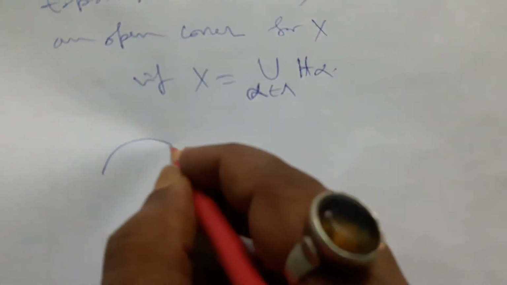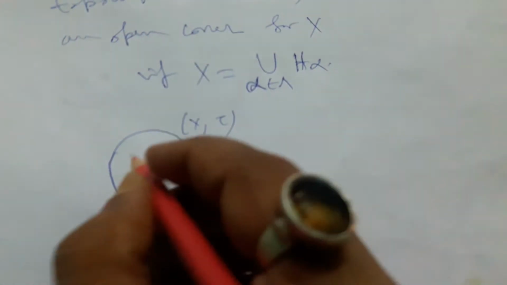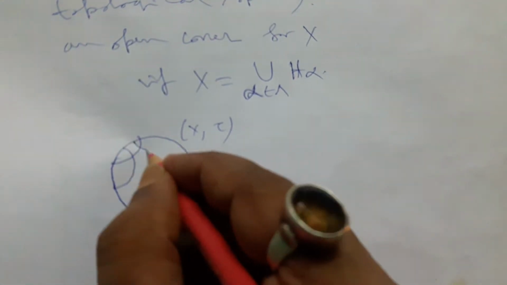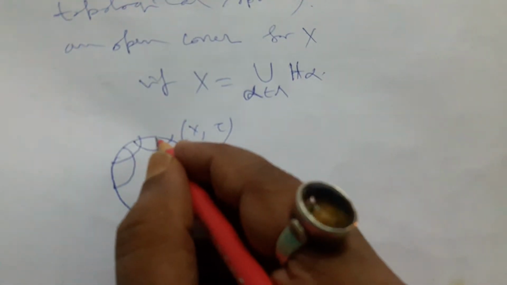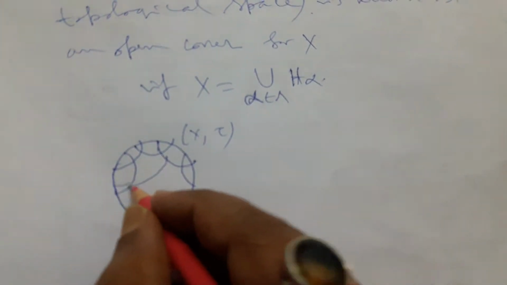That means this is the type of set where the entire topological space (X, tau), in which topology is defined, is covered, and here it is all the covering system, the members, different classes also there.